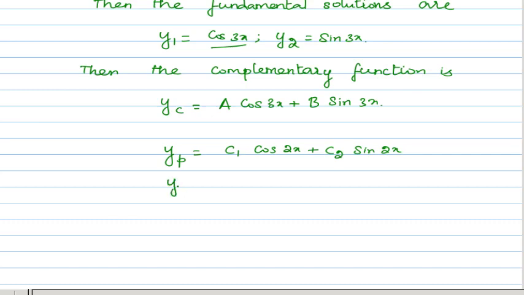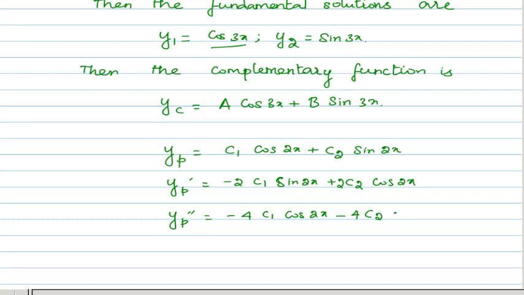Then yp prime is minus 2 times c1 sin 2x plus 2 times c2 cos 2x. yp double prime is minus 4 times c1 cos 2x minus 4 times c2 sin 2x.